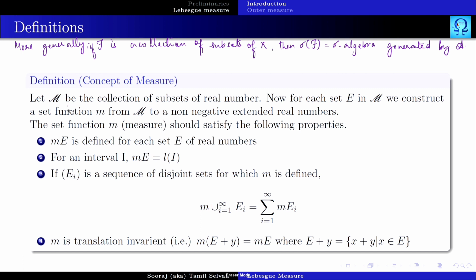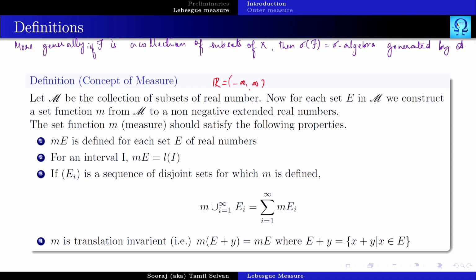Here we have taken subsets of real numbers, in the sense that we have this real line. We are going to collect the possible subsets of this set.